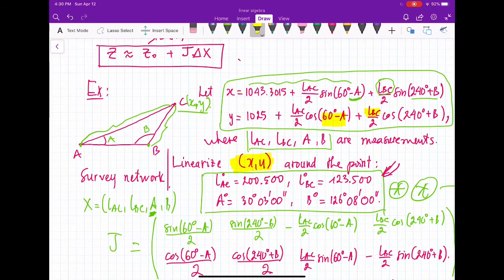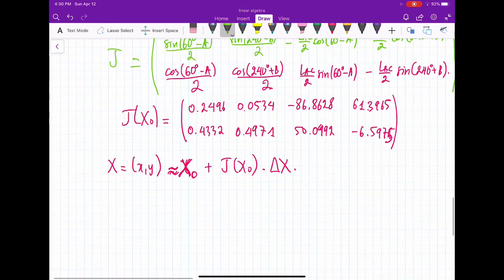Makes sense? So that means you have to plug all these values into the equations of x and y to find x0 and y0. So if you plug everything into that, you have x0 is nothing but 1099.9482, and here we have 1173.2593.